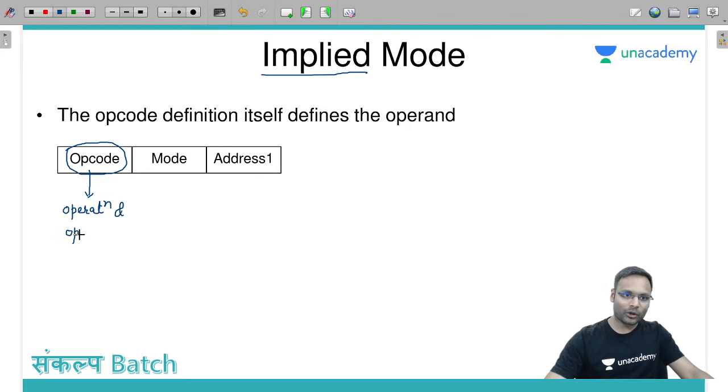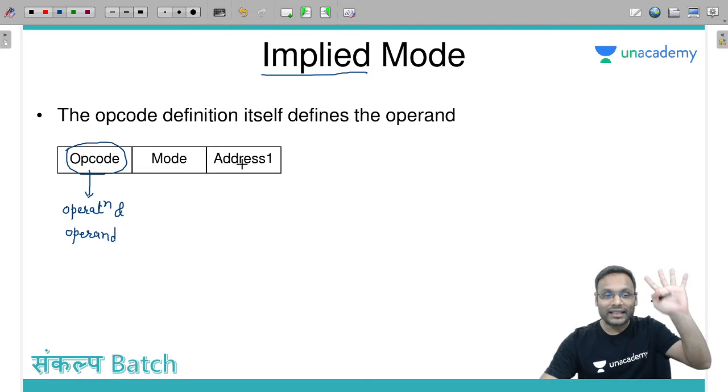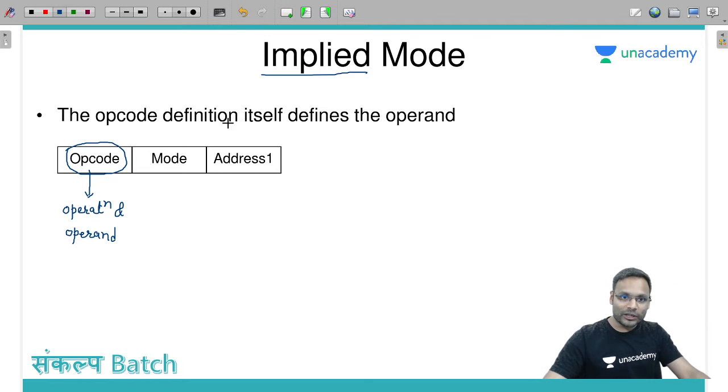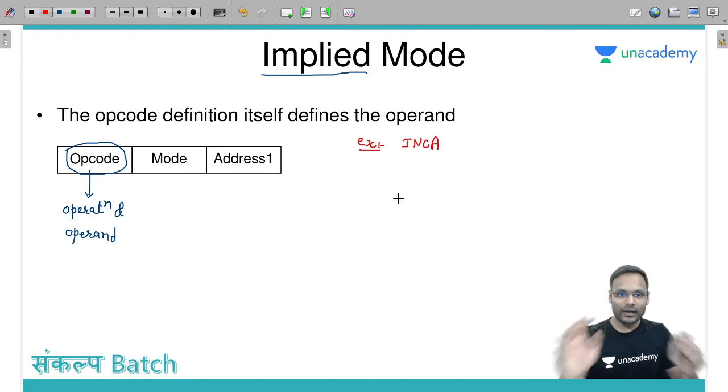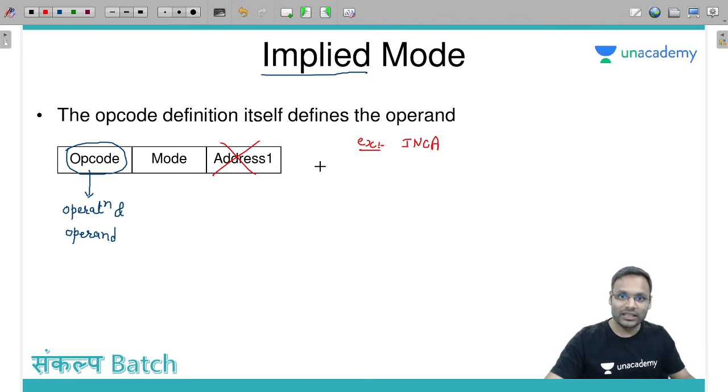If opcode itself has given you both, then do we require an address? नहीं. तो यहां देखो, ऑपकोड डेफिनेशन itself defines the operand. Apart from operation, operand is also defined by opcode itself. Example is this: INCA. Operation is increment, operand is accumulator. एक्यूमुलेटर के लिए अलग एड्रेस की जरूरत नहीं है.